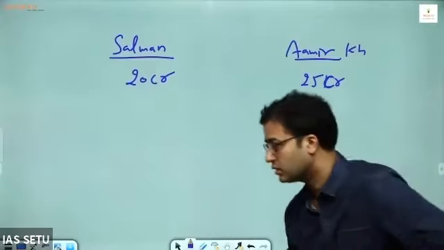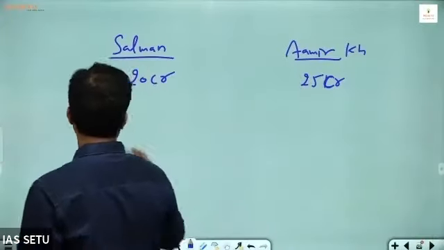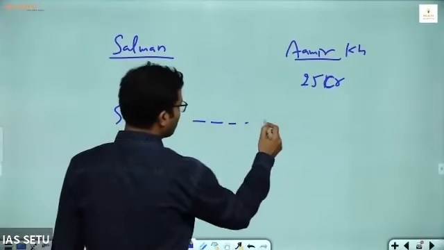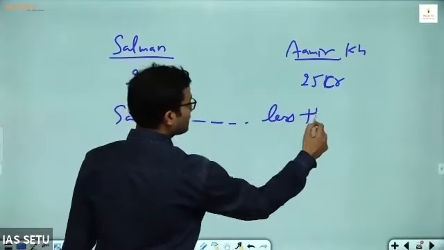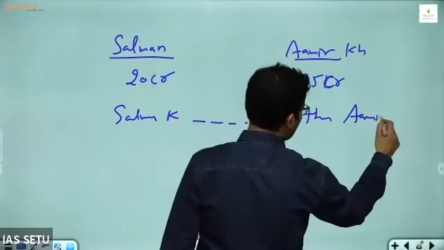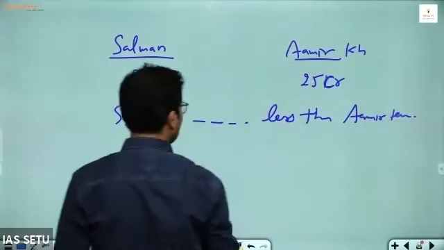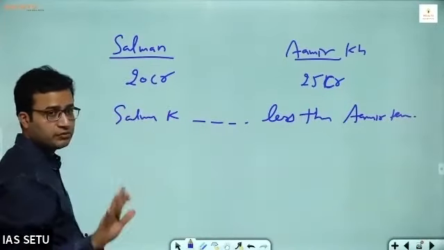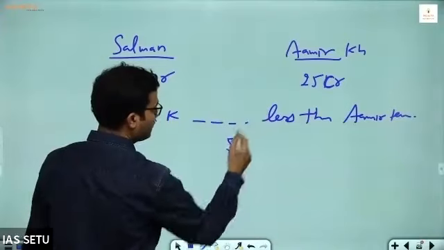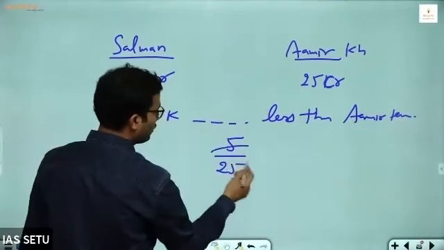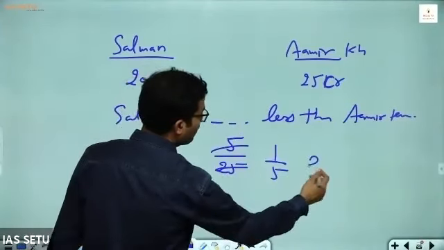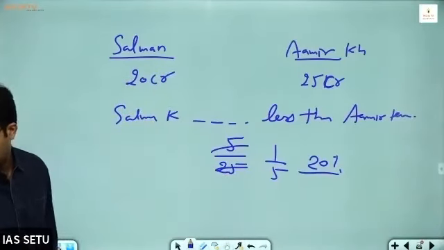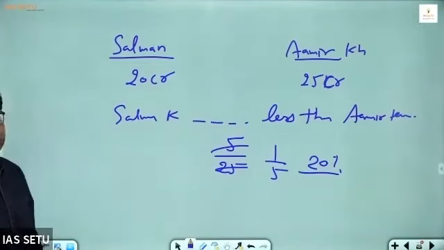Than Aamir Khan. Then Aamir Khan, so the value of Aamir Khan becomes the reference. So there is a difference of 5 crore as compared to 25 crore. So it is 1 by 5, 20%. So Salman Khan charges 20% less than Aamir Khan.